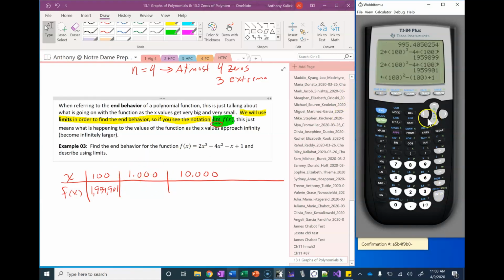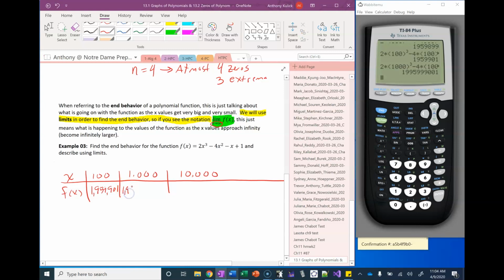So I'll press second and enter to recall the last thing I had, and then second and delete, which will allow me to insert another 0 in for each of these. Okay. So when I do that, I get 1,995,999,001.